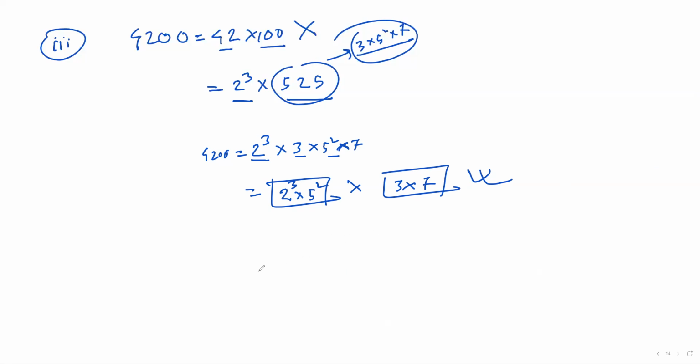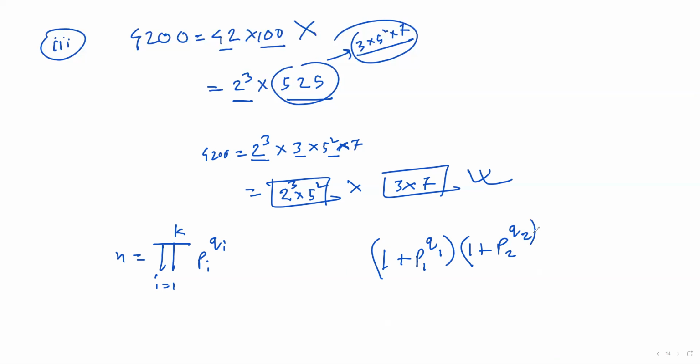Now, say our number n, the same old representation, summation i from 1 to k, pi to the power qi. Now, consider an expression 1 plus p1 to the power q1 times 1 plus p2 to the power q2 and so on up to 1 plus pk to the power qk.